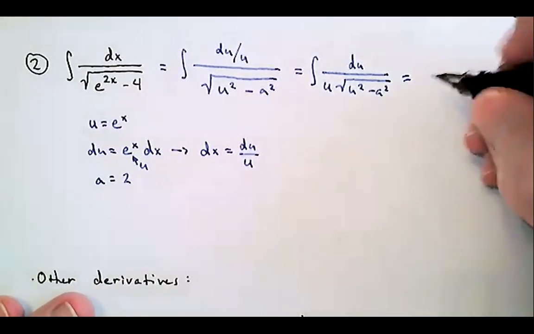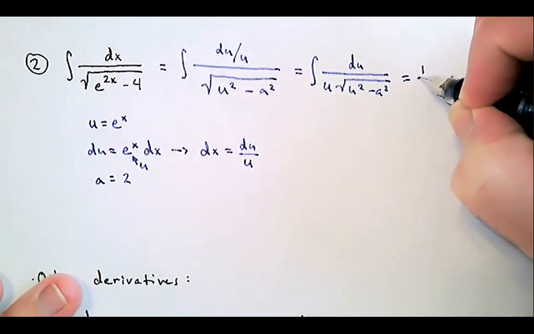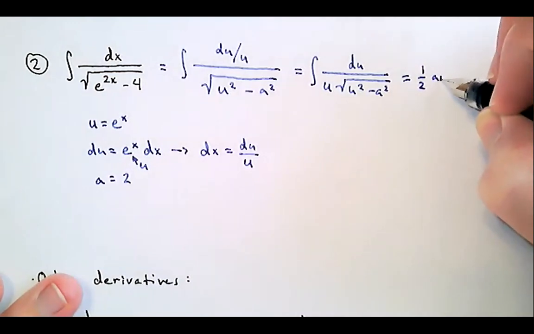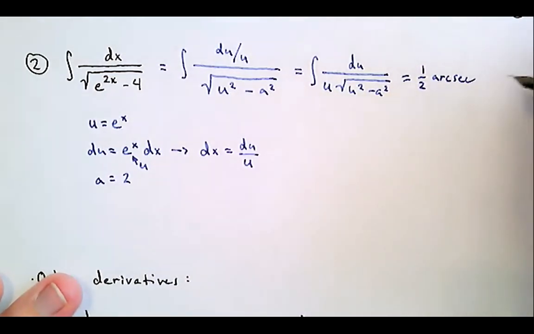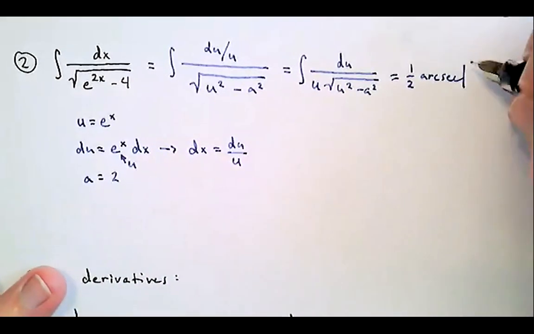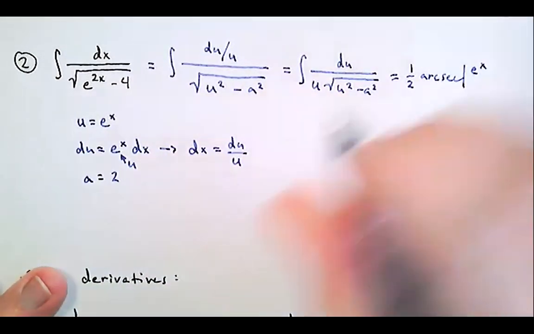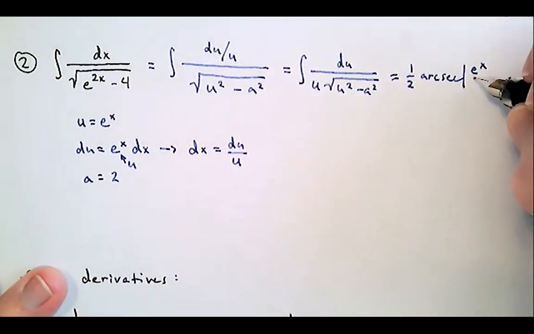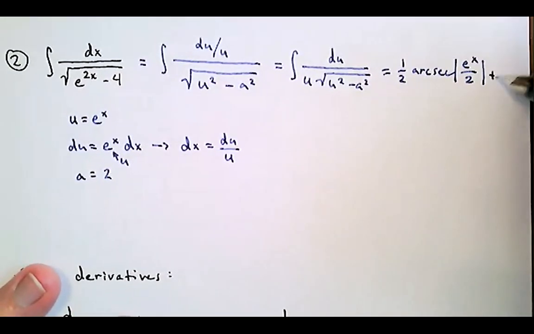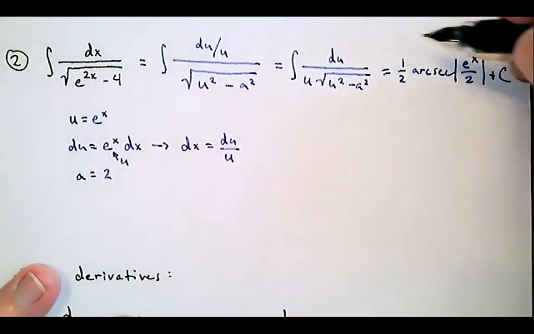So a was 2, that means we get a 1/2 in the front, and then we get an arcsecant, and then the absolute value of u, e to the x, over a, 2. And then since this is an indefinite integral, we'll add a constant c.